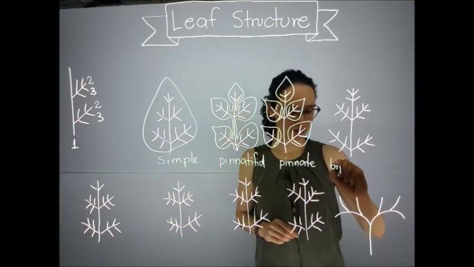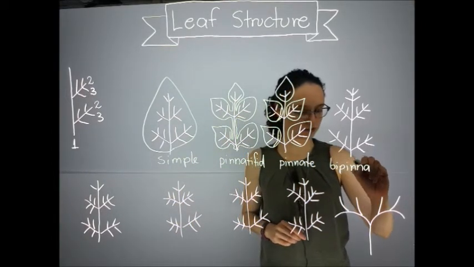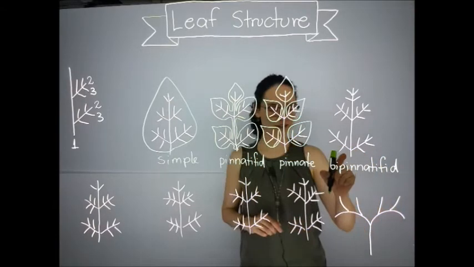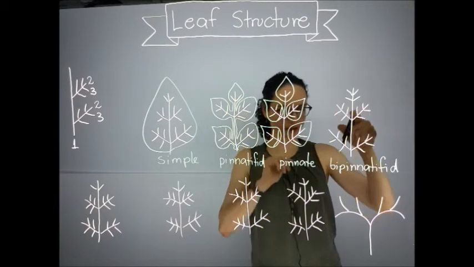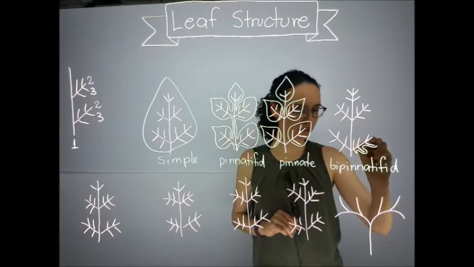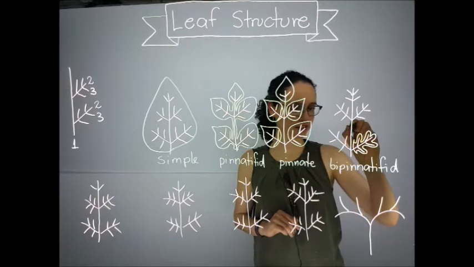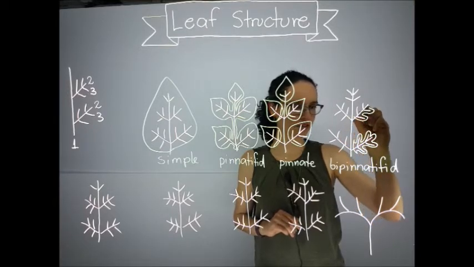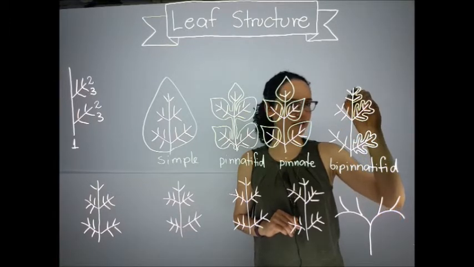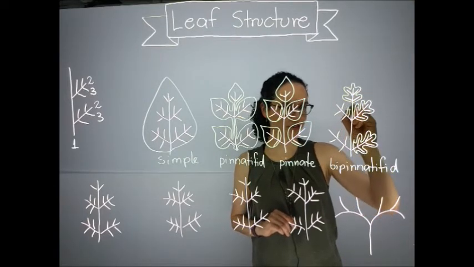Then we have pinnatifid. And in this case, the central rachis is free. And we look at the leaflets, and the blade goes closer to the secondary and the tertiary axis. But still, it's only the central rachis which is free.